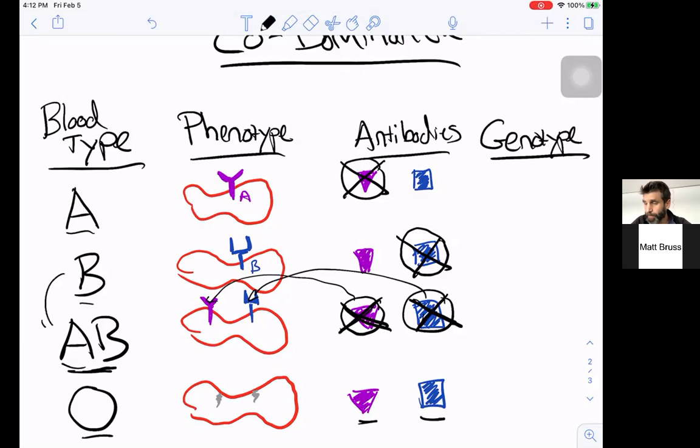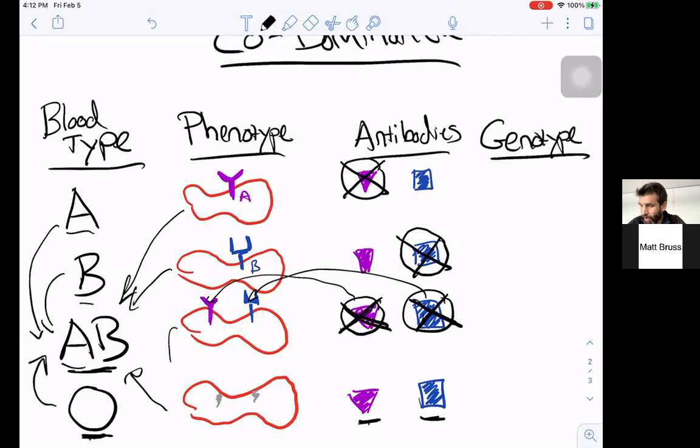So you can get the red blood cells from any other type of blood, and you don't produce an immune response against it. Type O, on the other hand, you produce both the antibodies.